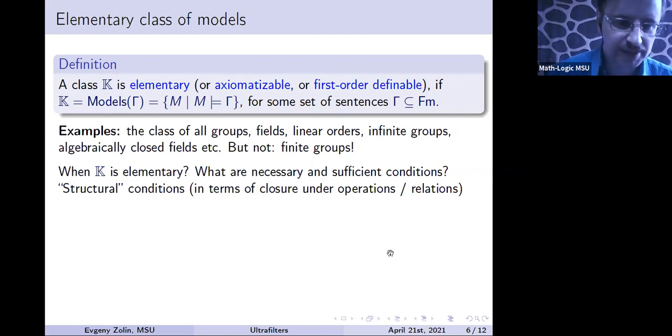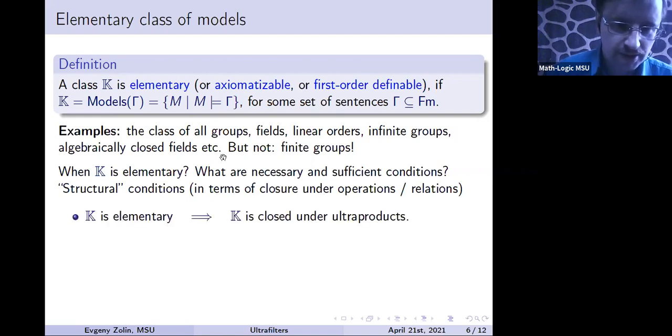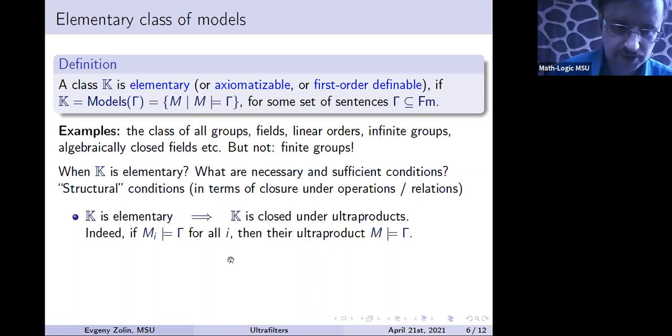But what do we already know? First, we know that every elementary class of models is closed under ultraproducts. This is a direct consequence of the Łoś theorem. Why? Assume that the class K is elementary. It is defined by some set gamma.